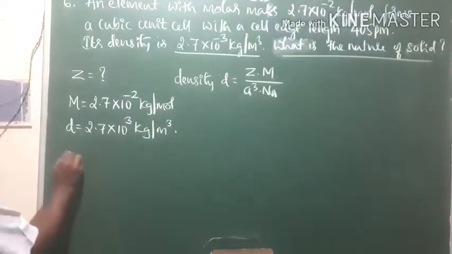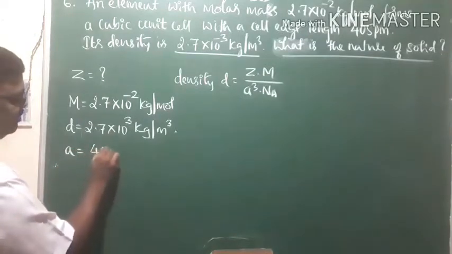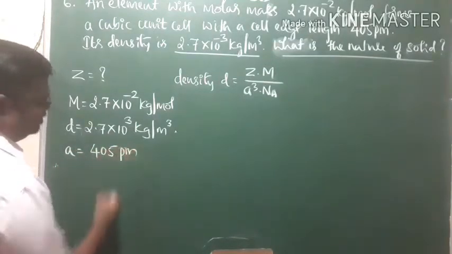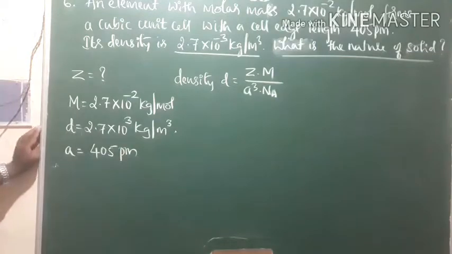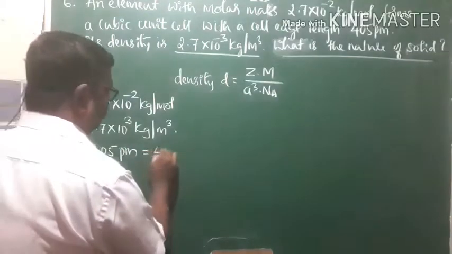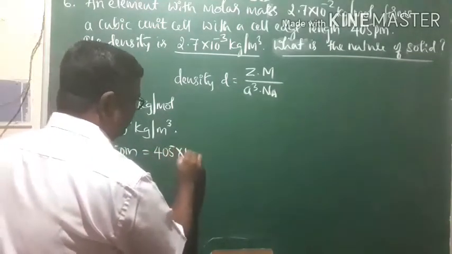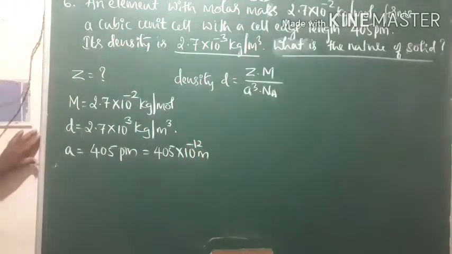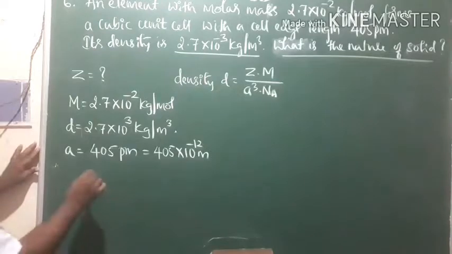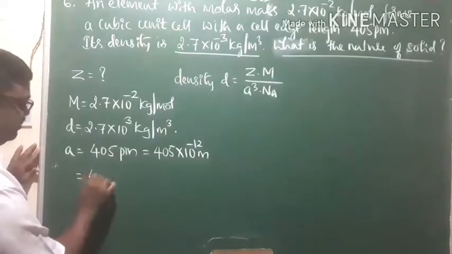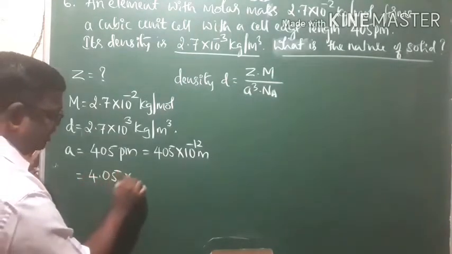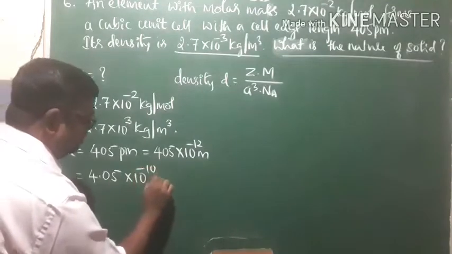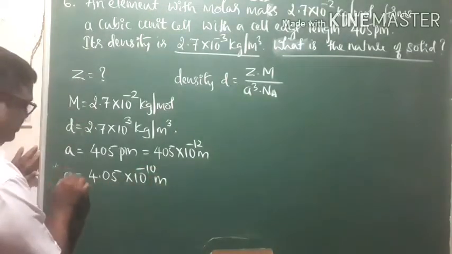And the edge length is important for us, that is 405 pm, which is equal to 405 into 10 to the power of minus 12 meter. And we can say that it is 4.05 into 10 to the power of minus 10 meters. This is the edge length.